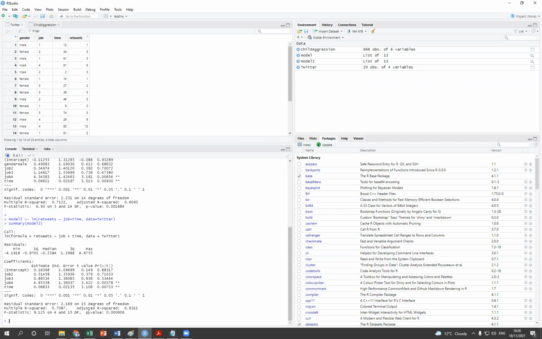So as you see, first of all, if you compare the R square, the adjusted R square increased a little bit, but the multiple R square is almost the same thing. But the adjusted one, which we look at for the population, could be better.